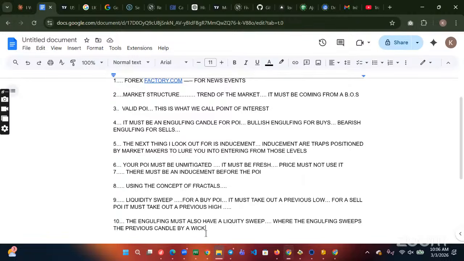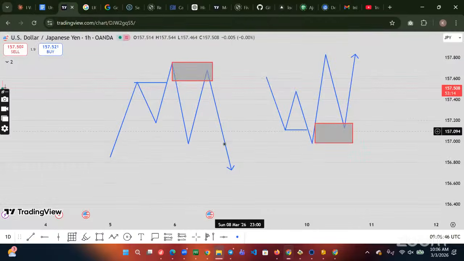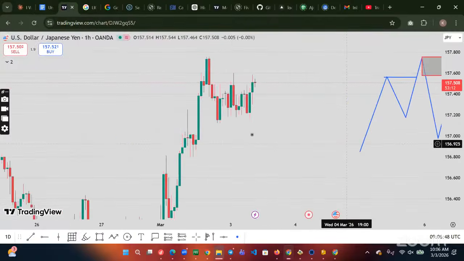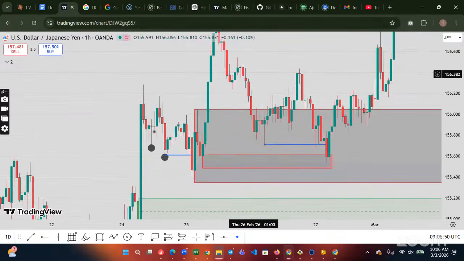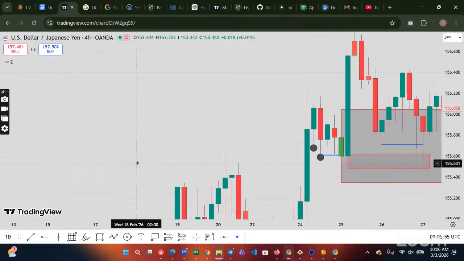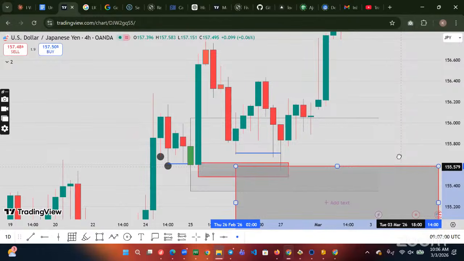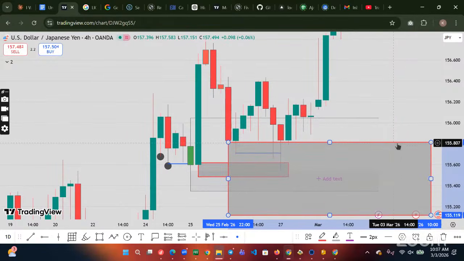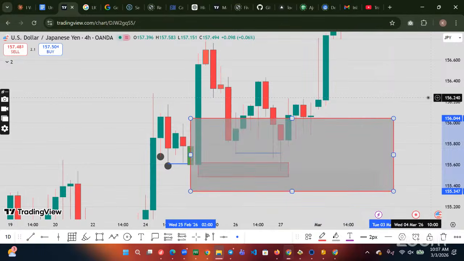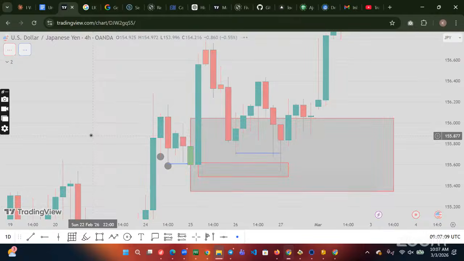Now, the engulfing, beyond sweeping previous structure, it also must sweep the previous candle, because not all engulfing is a valid POI. Yes. So if I go to the 4-hour and come to this point, let's go back to that gold.